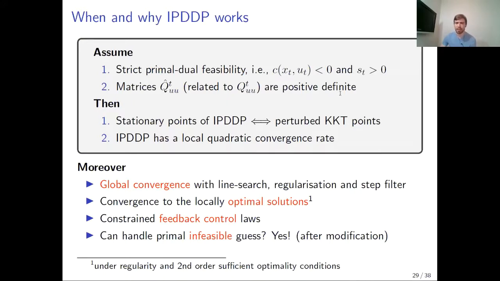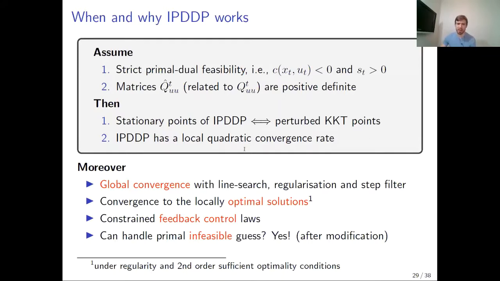Then we can establish that the stationary points of the proposed method coincide with the perturbed KKT points. And moreover, if you are in a neighborhood of such a stationary point, you have a local quadratic convergence rate, which is really nice.